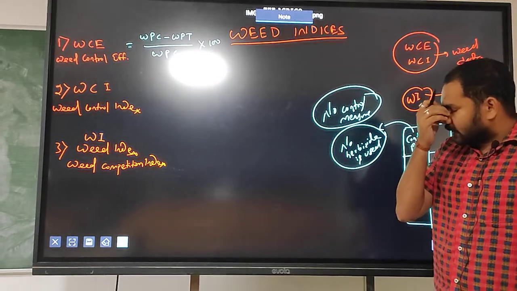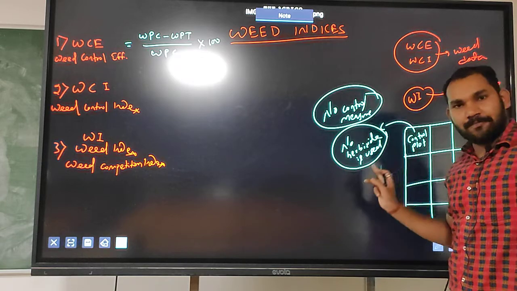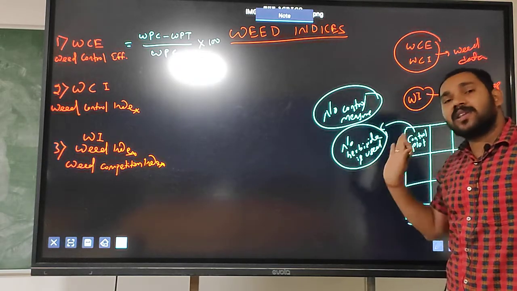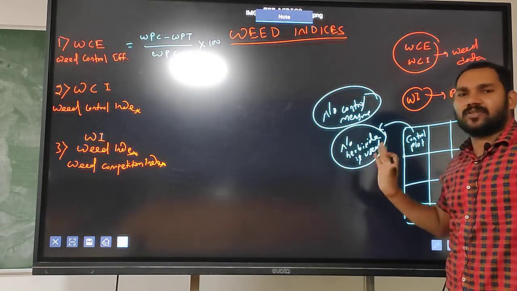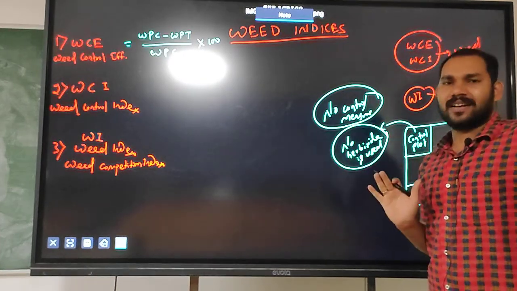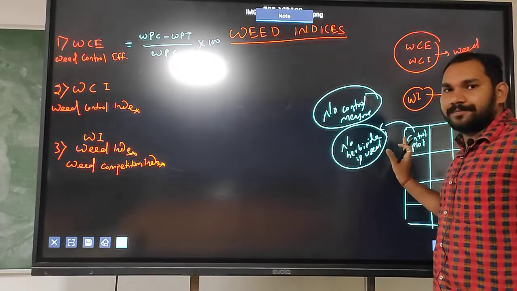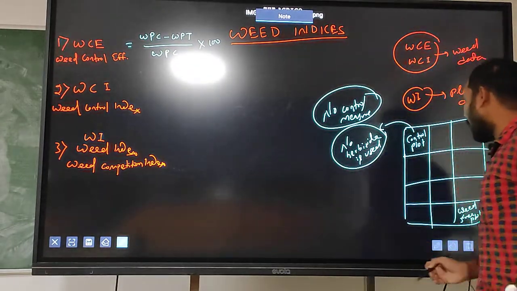But in case of control plot, there will be no control measure. So whatever the weeds are there, just keep them as they are. No maintenance. So no control.